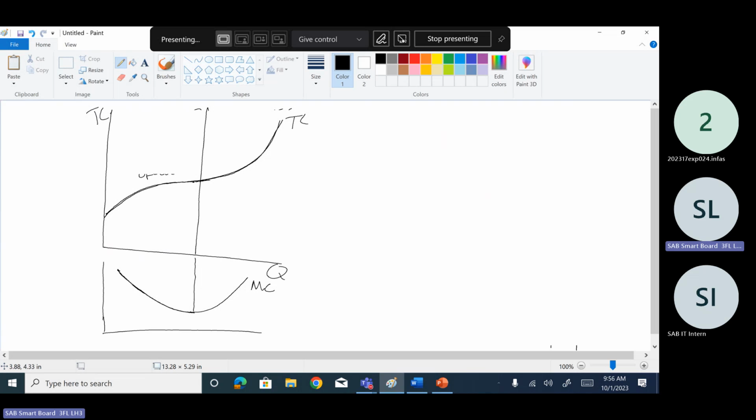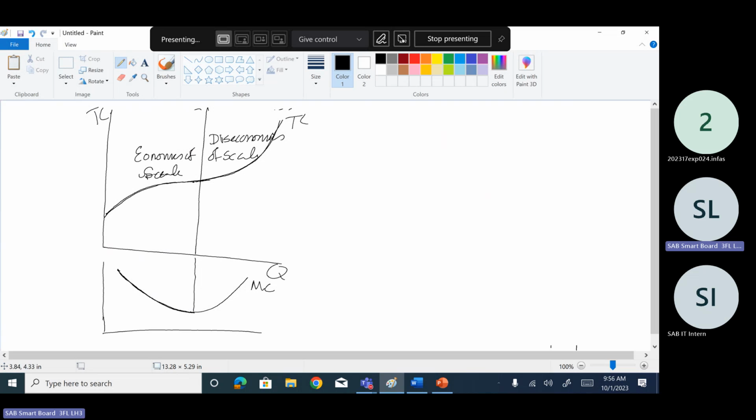So this actually explains the economies of scale. Because marginal cost decreasing means marginal productivity is increasing. Marginal productivity is positive.